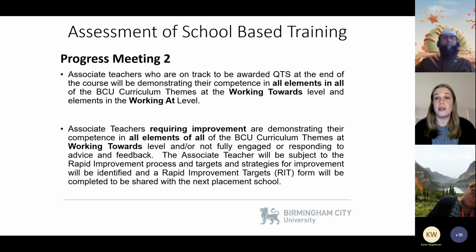You will know exactly what they can do and where their areas for development are. I will go through the RIT process shortly, but any associate teachers who haven't met that expectation, we have our rapid improvement targets that we will put in place, but I will explain that to you in a few slides' time.